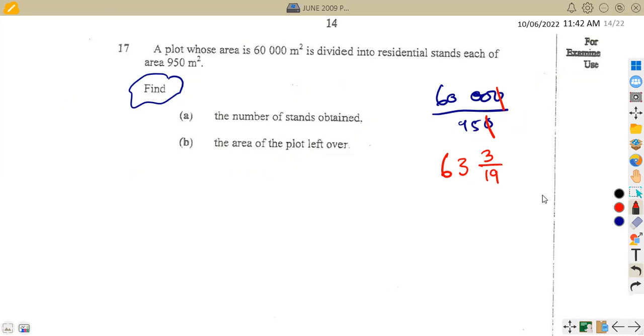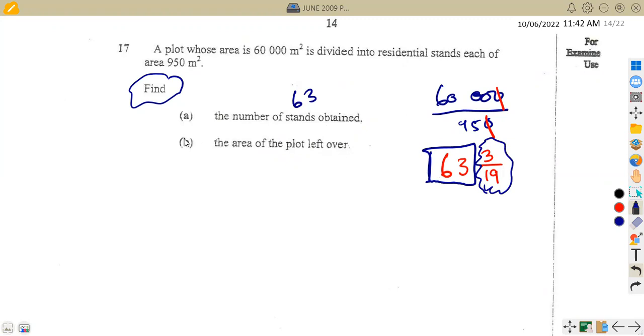So what does it mean? It means that the total number of stands which are going to be obtained is 63. So we're going to obtain 63 full stands. And this is the remainder of the land that we are having.